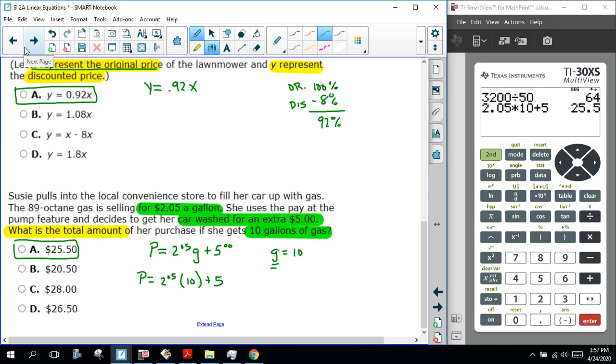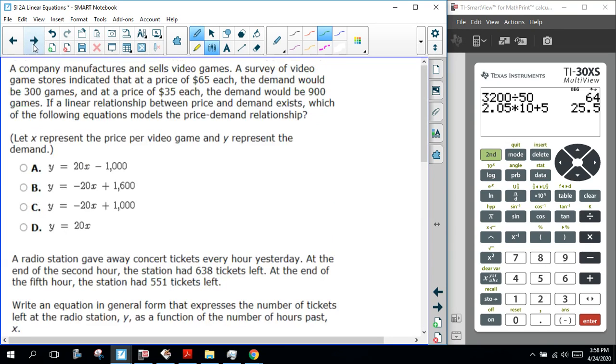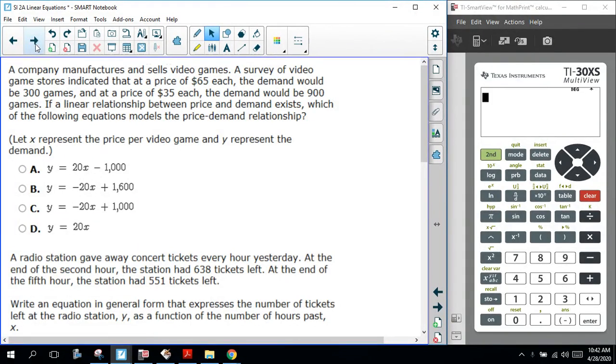All right, taking a look here at the back side of this note sheet. It says we have a company that manufactures and sells video games. A survey of video game stores indicates that a price of $65 is going to have a demand of 300 games.